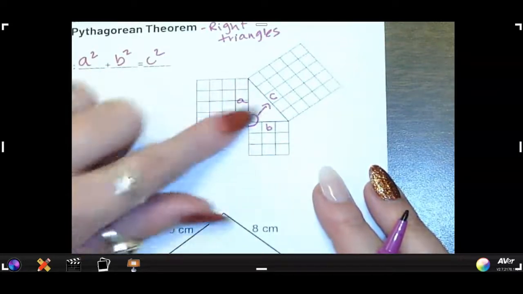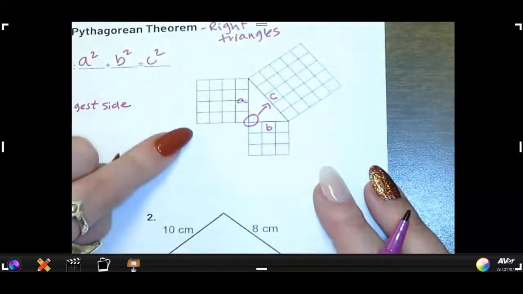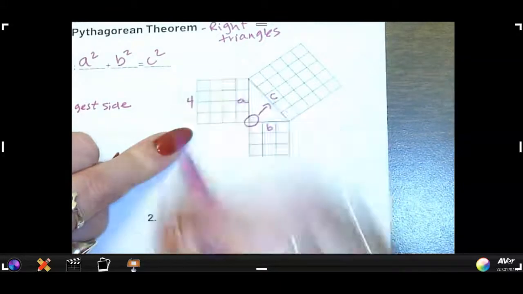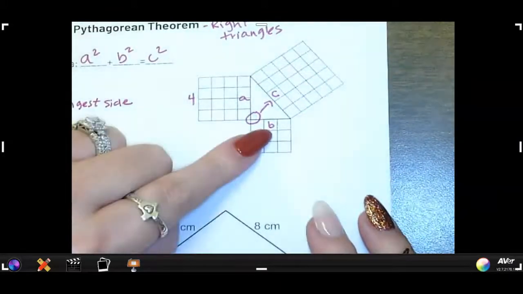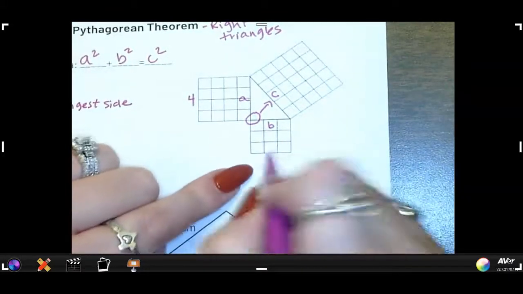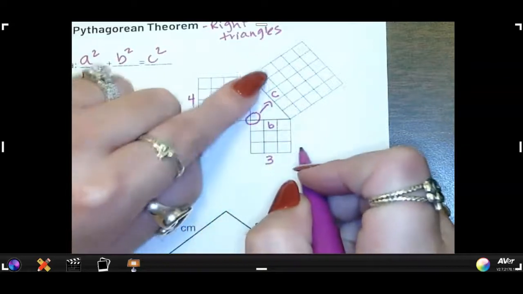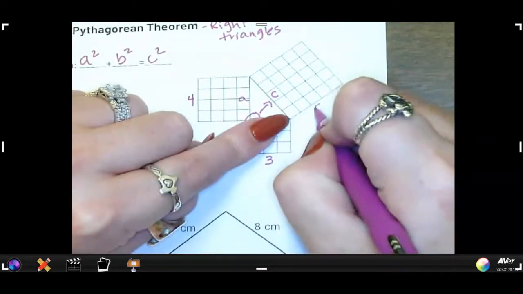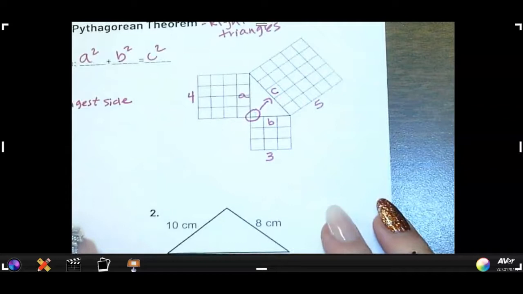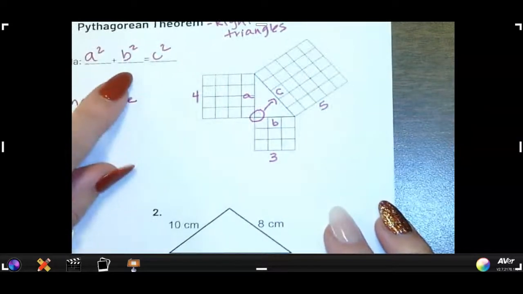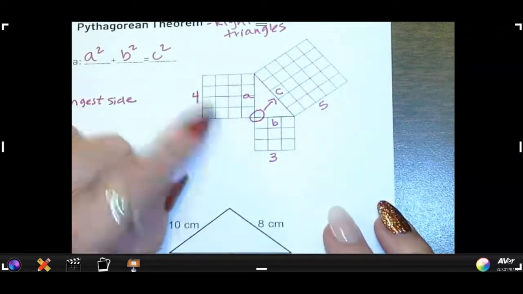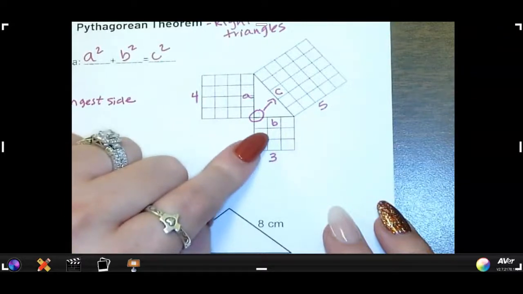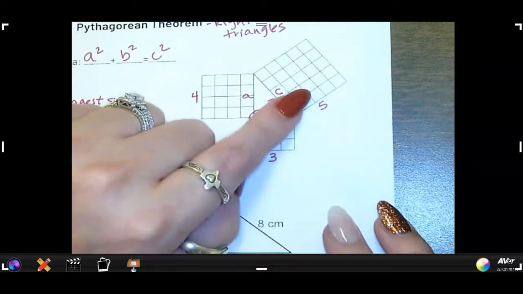Okay, if we look at square A, he is 4 units long. Okay, square B is 3 units long, and square C is 5 units long. Okay, so going back to this idea of Pythagorean theorem, the area of this square plus the area of this square should make the total area for this guy.